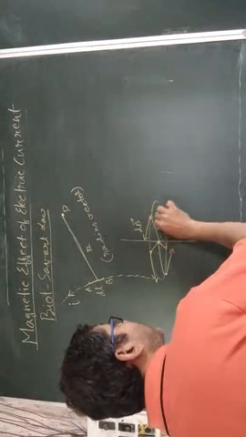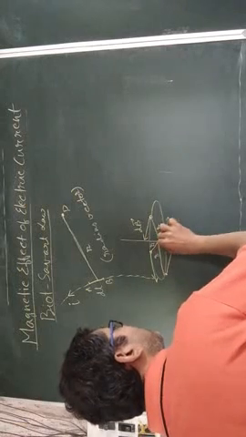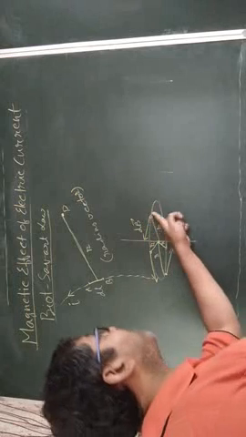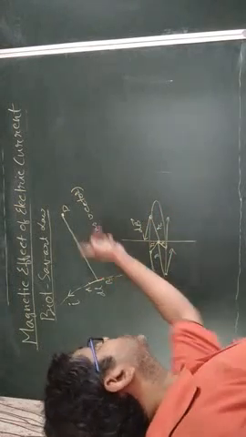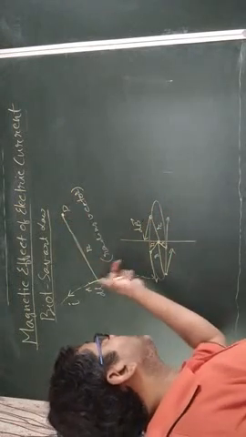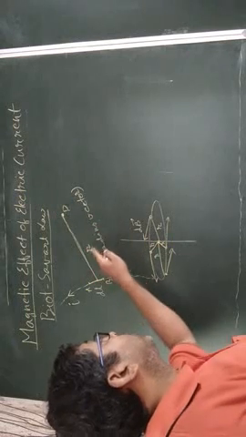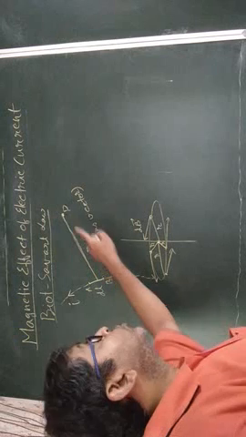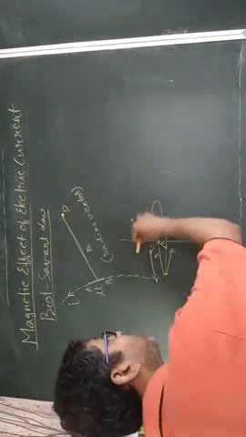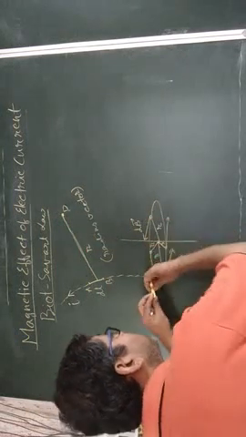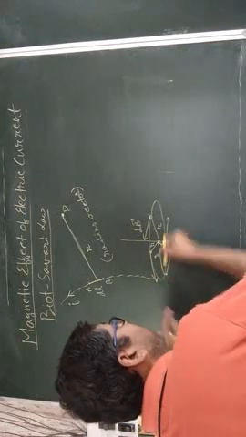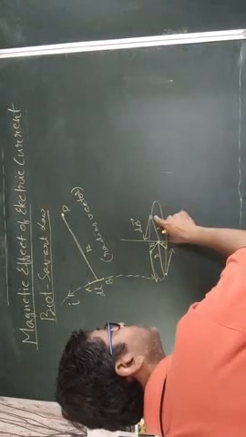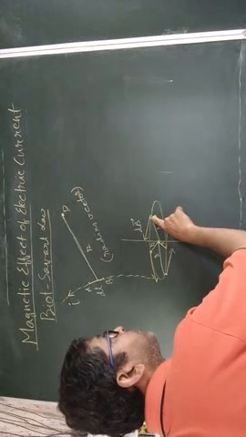All these are R. So R not only denotes the distance of the point from this element, but also it is responsible to indicate the direction of the magnetic field, which changes continuously along with the change of the position of the point.